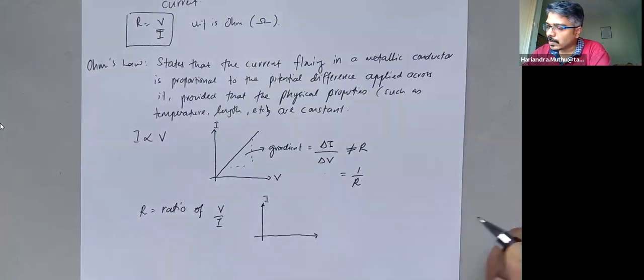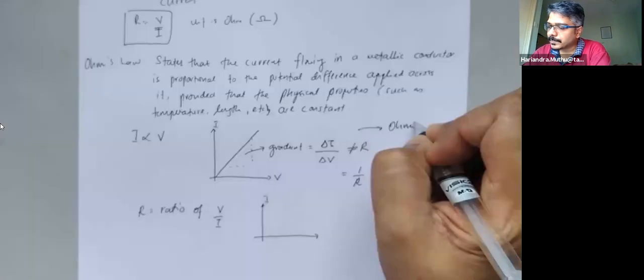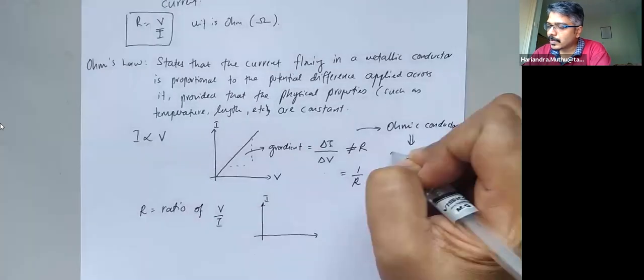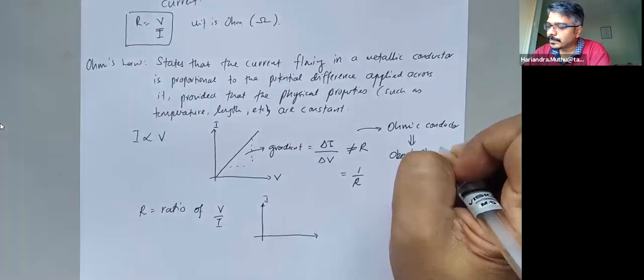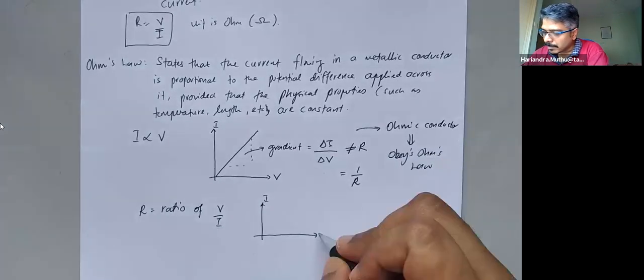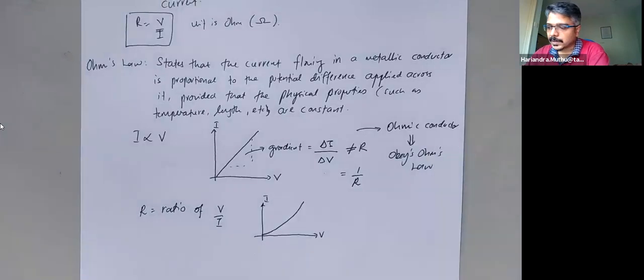So this is an ohmic conductor because it obeys Ohm's law. So for a non-ohmic conductor, for example something like this, how do we take the resistance? So we can't take the gradient.